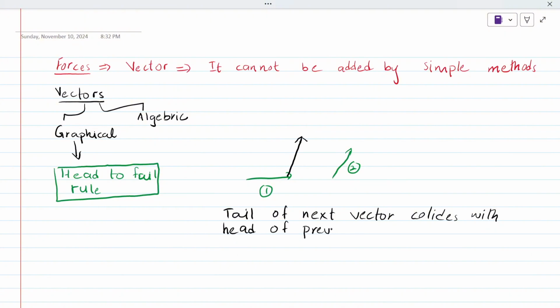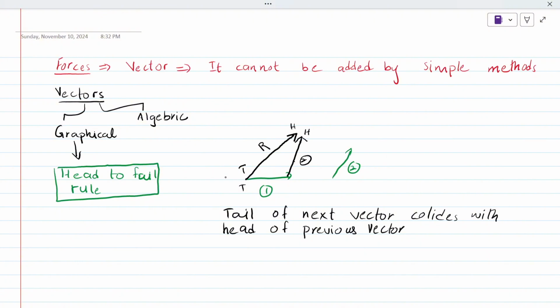Okay, yes. So draw these vectors such that the tail of the next vector collides with the head of the previous vector. Now, join the last vector such that head collides with head and tail collides with tail. Okay, this is called head to tail rule.